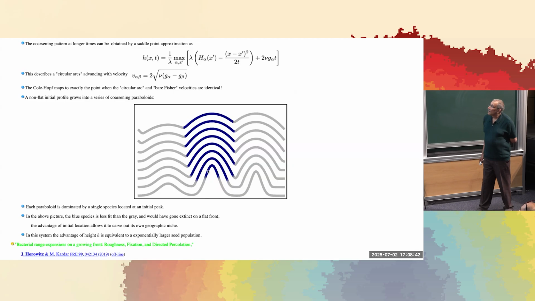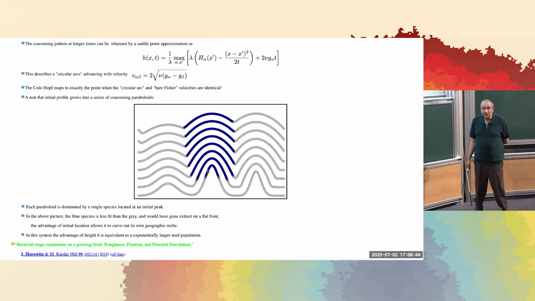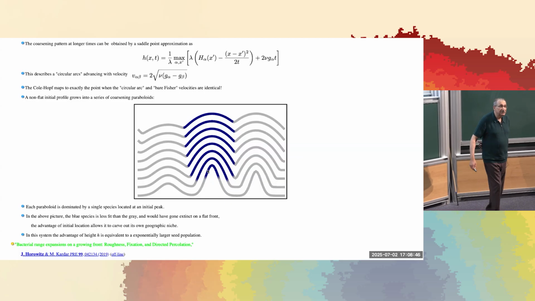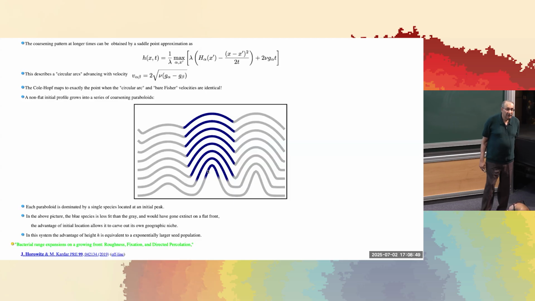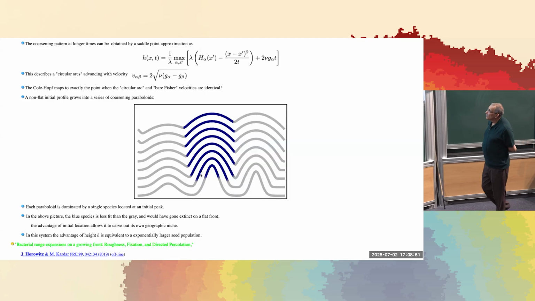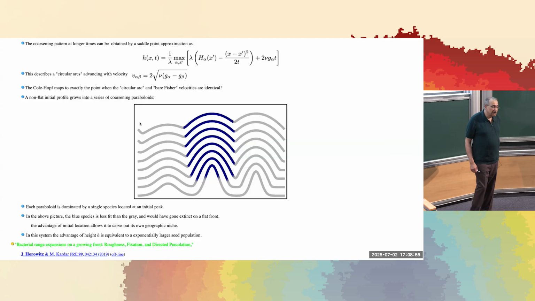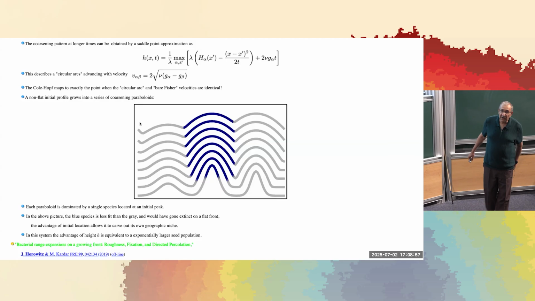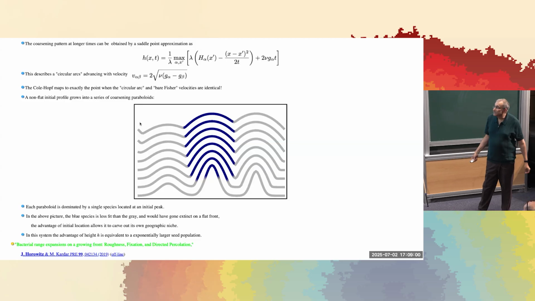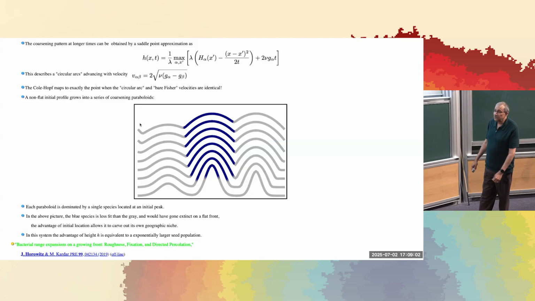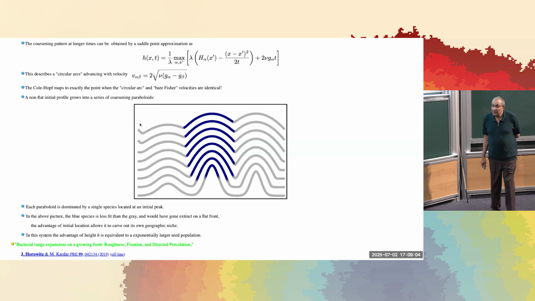And I can solve the deterministic equations exactly and follow what the profile is. And what one finds is that the profile of the height function very quickly goes into these parabolas. If you take its gradient, you get these shocks that you would have in the Burgers equation.